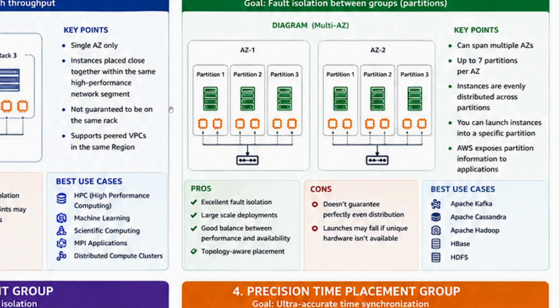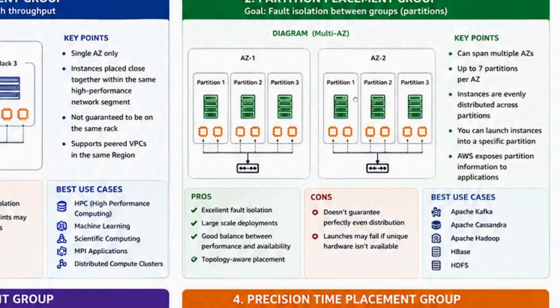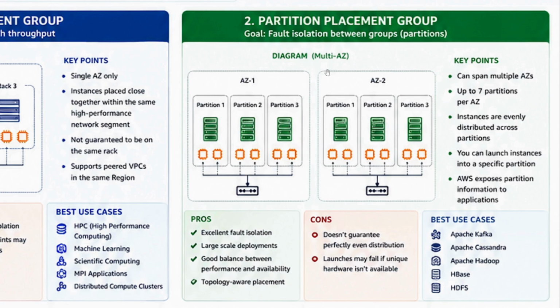Similarly for Apache Cassandra, you will have multiple nodes, and each node is working as a replica of the others. And the same goes for Hadoop, etc. In these distributed architectures, first of all the duplication and also the fault tolerance is very important. So partition placement group is the perfect placement strategy for such kinds of applications.